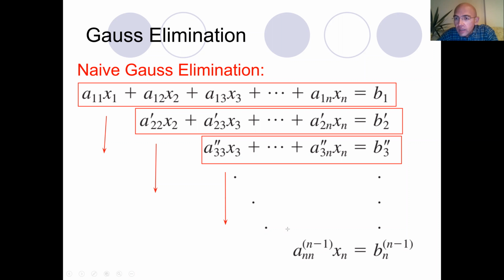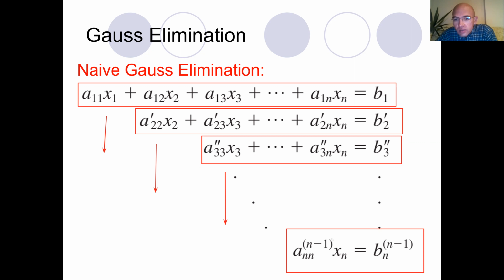Since I have n equations and n unknowns, the last equation is left with the nth variable, and of course I can easily solve it, right? So the value of xn is bn, the n minus 1 modified. The expression inside the parentheses just shows how many times it is modified. So the last equation contains only the xn term, and I can easily calculate it from here.